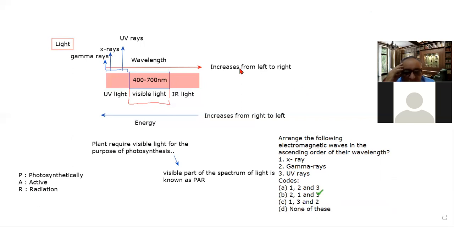That means the wavelength of the ultraviolet radiation is more than the X-rays and less than the visible light, or photosynthetically active radiation.